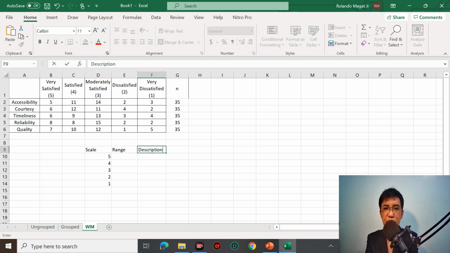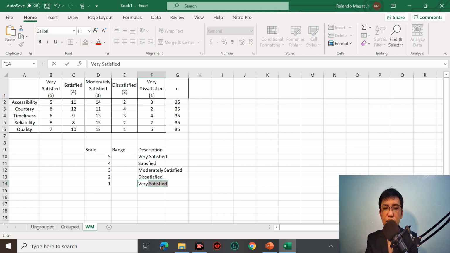Because malalaman natin kung siya ba ay, kasi ang 5, sabi natin, this is very satisfied. Okay? Ang 4 is satisfied. Ang 3 is moderately satisfied. Ang 2 is dissatisfied.